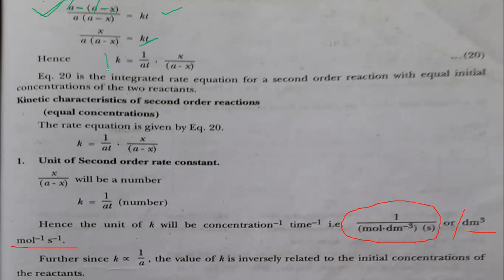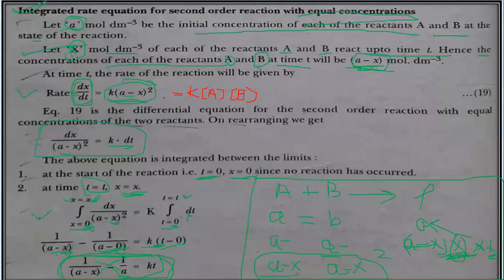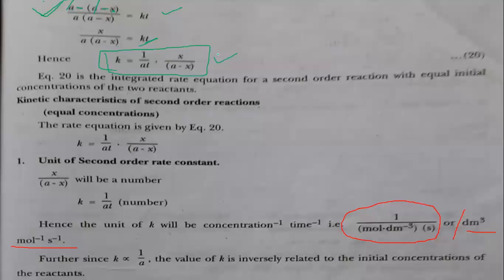So K equals 1 upon At into X upon A minus X. If you want, you can use this equation, or the earlier one, to study the kinetic characteristics of a second order reaction. This feels more convenient.